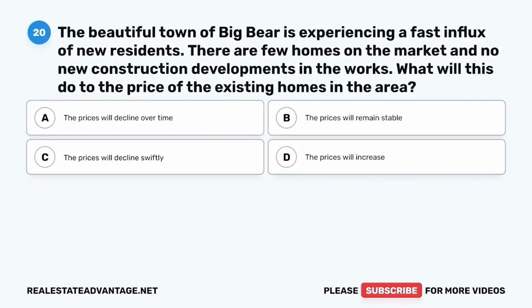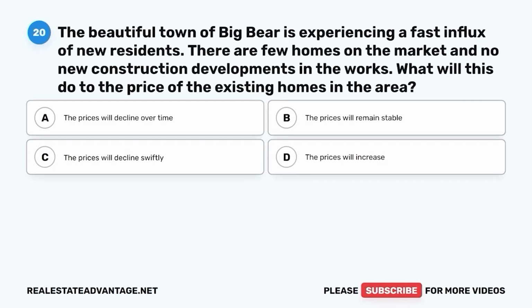Question 20. The beautiful town of Big Bear is experiencing a fast influx of new residents. There are few homes on the market and no new construction developments in the works. What will this do to the price of the existing homes in the area? A. The prices will decline over time. B. The prices will remain stable.